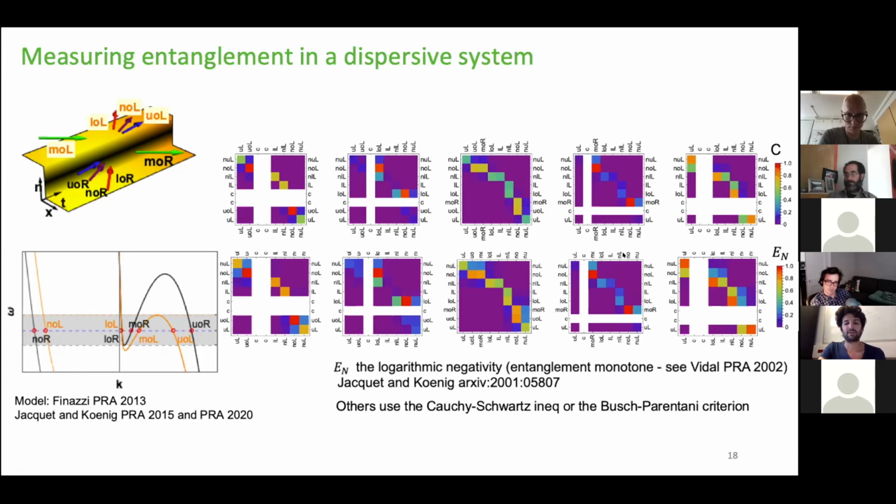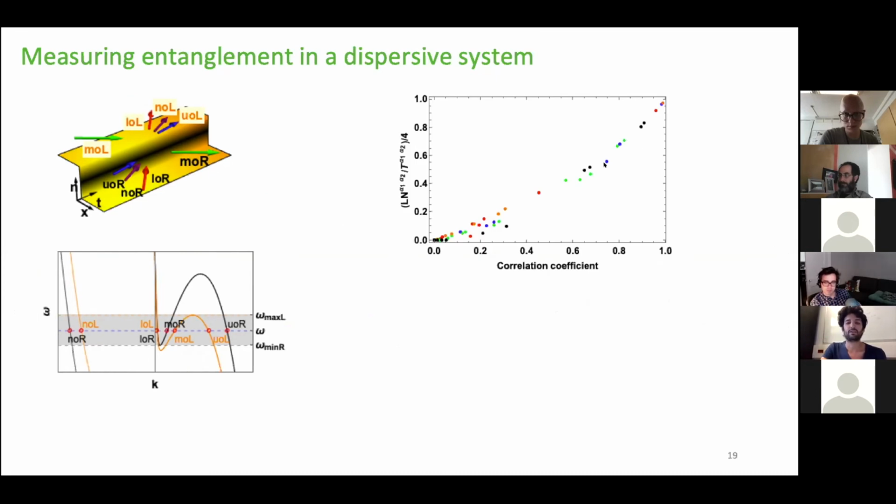We calculate that by the logarithmic negativity, and we find a pretty good relationship between the entanglement content and the correlation coefficient. However, if we plot this relationship between the entanglement content and the correlation coefficient, we find that we don't really have, strictly speaking, a linear relationship.